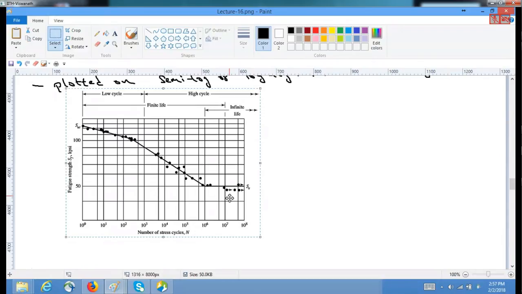Since 10 power 6 cycles is really huge in number, we can say that 50 in this case is the endurance limit. Anything below 50 can take infinite life, but anything above 50 fails by fatigue in less than 10 power 6 cycles.